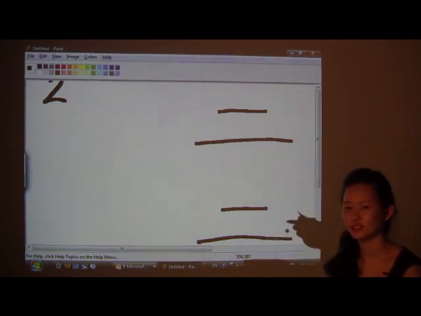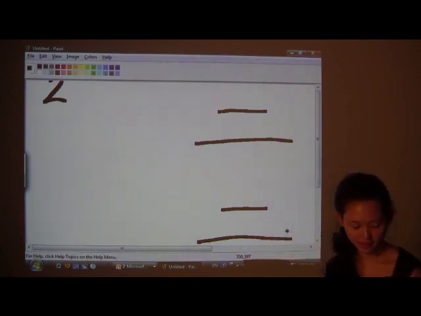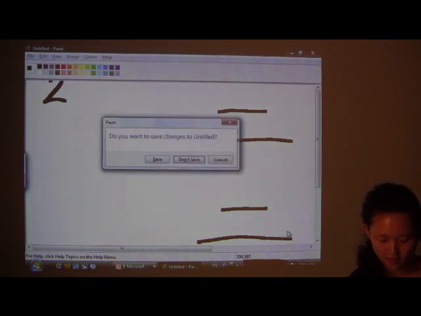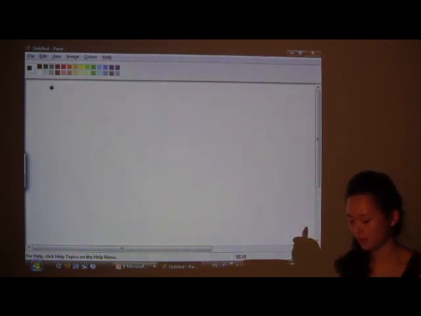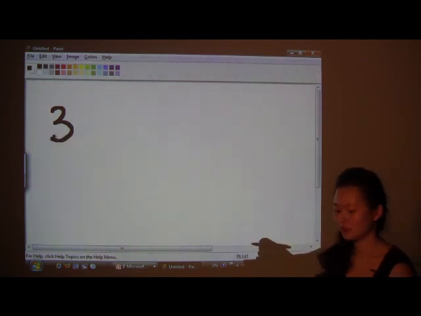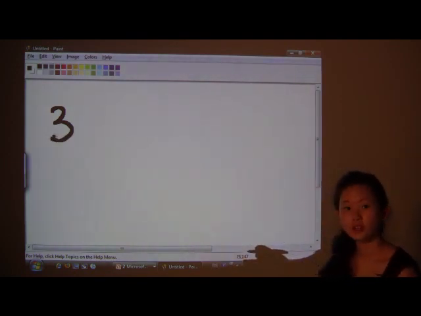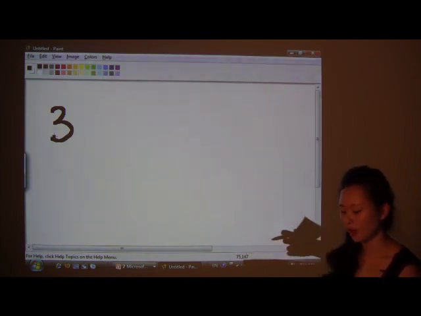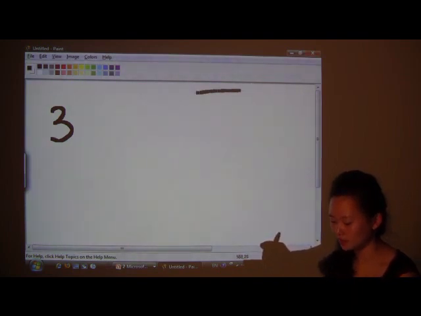And let's go on to 3. Once again, no verticals. All you need to worry about is the top and bottom order. For 3, you have 3 horizontals. Start from the top, make another one, and the third one, like that.